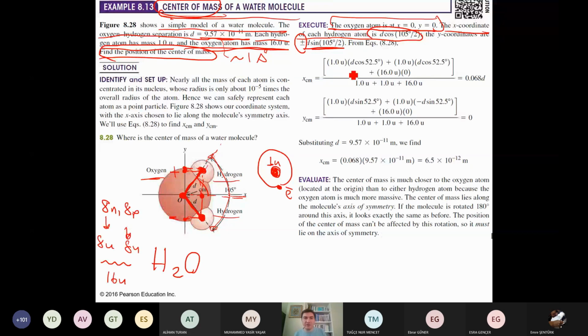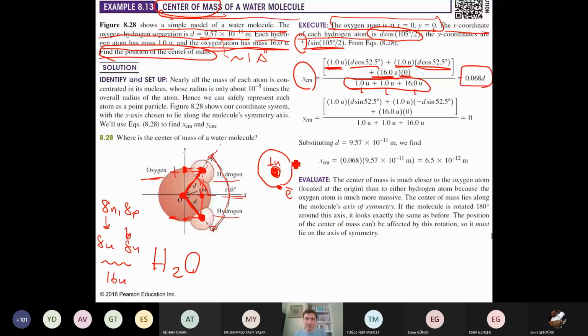Then what about the center of mass of this system? For the x coordinate, just write the mass of the hydrogen atom and the x position of the hydrogen atom, mass of the hydrogen atom, x position of the other hydrogen atom, and mass of the oxygen and the x position of the oxygen, over the total mass of the system, mass of the hydrogen, mass of the hydrogen, mass of the oxygen, and then we have found the x position of the center of mass.